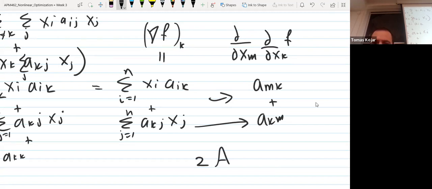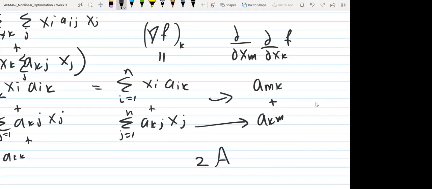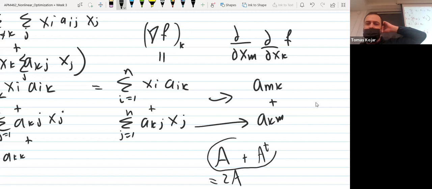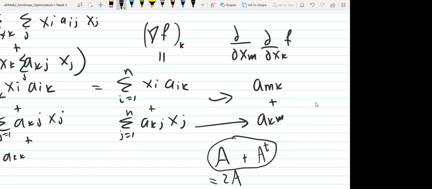Is that your question? We get Ax plus A transpose x. Yes, that's right. But yeah, our guys were symmetric. So yeah. Is that okay now? Yeah. Okay, good, thank you.